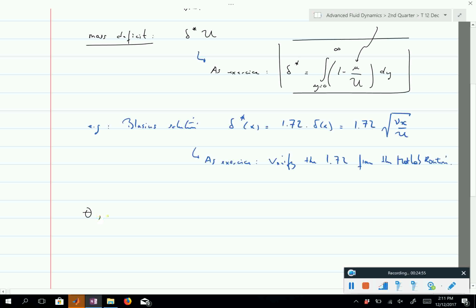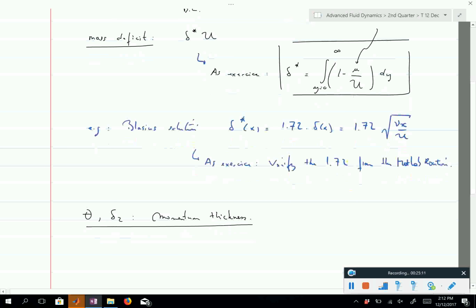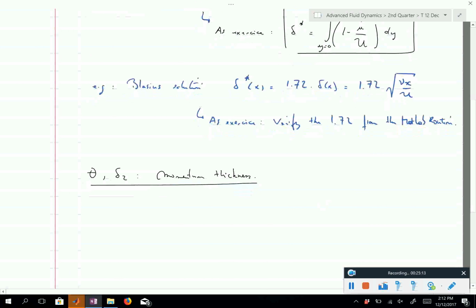which will usually be called theta or delta 2. And it's essentially the same picture, right?